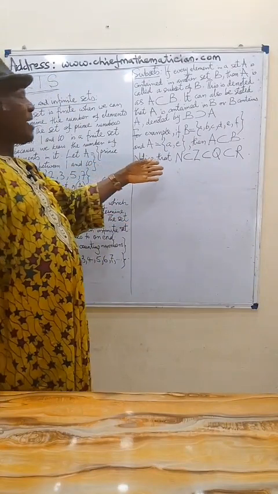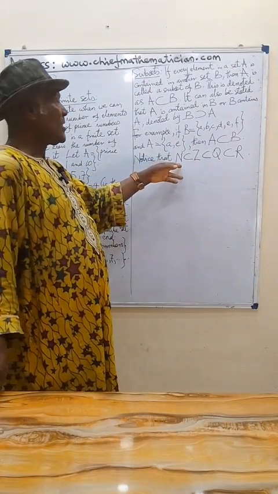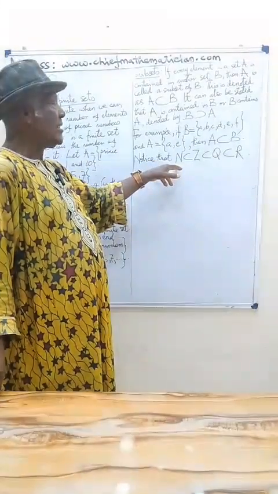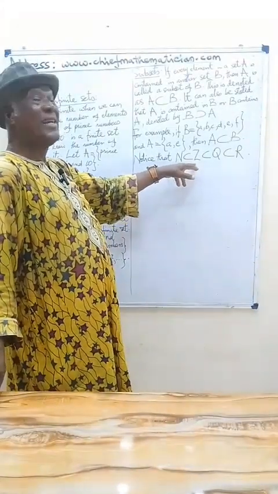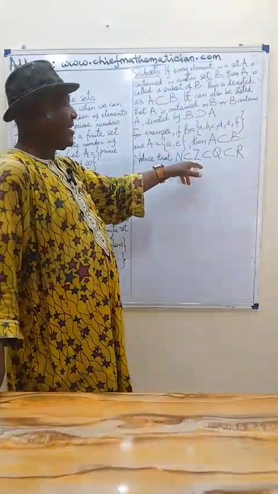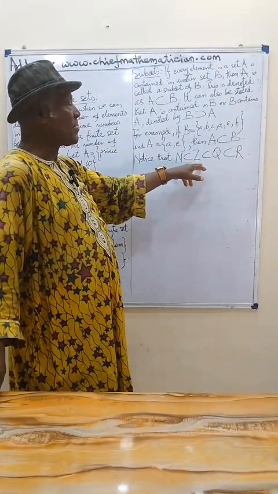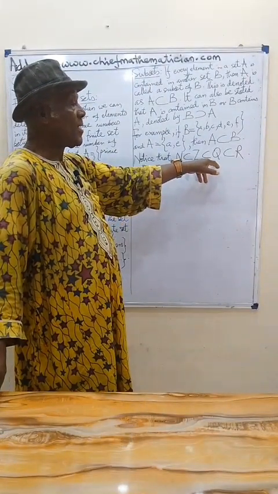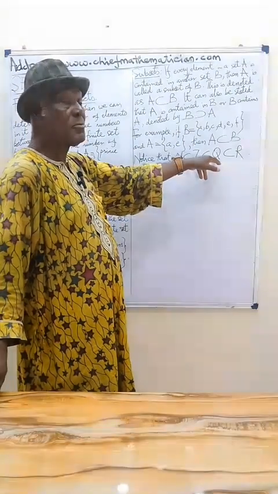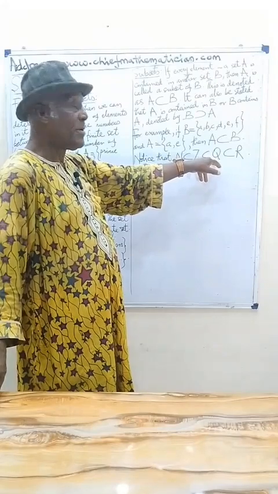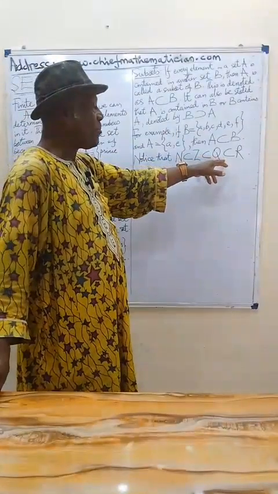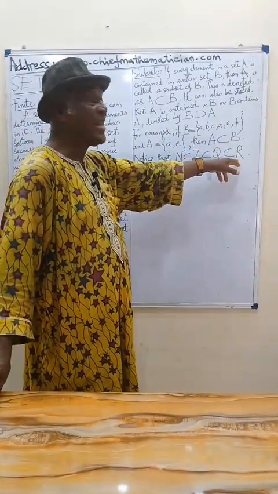I want you to observe that the set of natural numbers is a subset of the set of integers, which in turn is a subset of Q, the rational numbers, which happens again to be a subset of the real numbers.